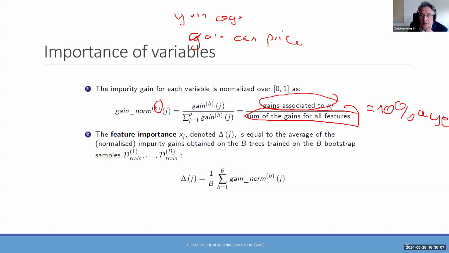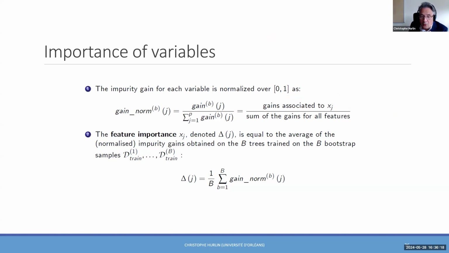And now at the end, you just have to consider the average of the gains of the variable j, so the age, for all the trees in my bagging.